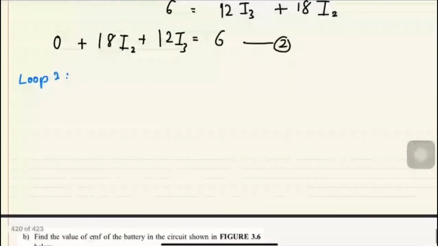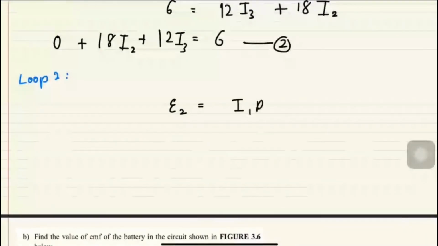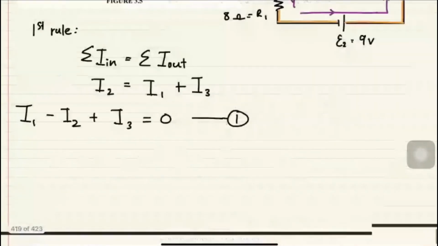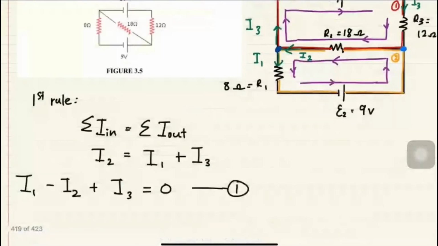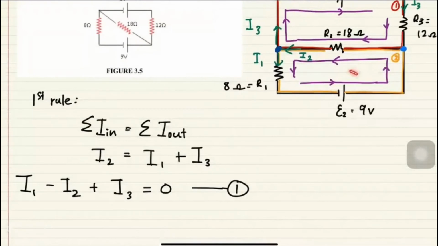So we have epsilon 2, I1 R1, I2 R2. Okay, is epsilon positive or negative? Positive. Loop direction is to the right. It goes out from the positive. So it is positive. Okay, very good.